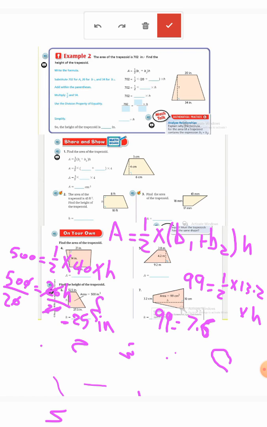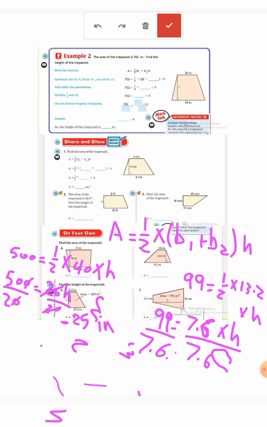Equals 99 multiply height. We need to divide both sides by 7.6. As I told you before, we have to divide by the number that is beside the variable that we need. Here we are going to divide 99 by 7.6. Here he asked me to find the height.